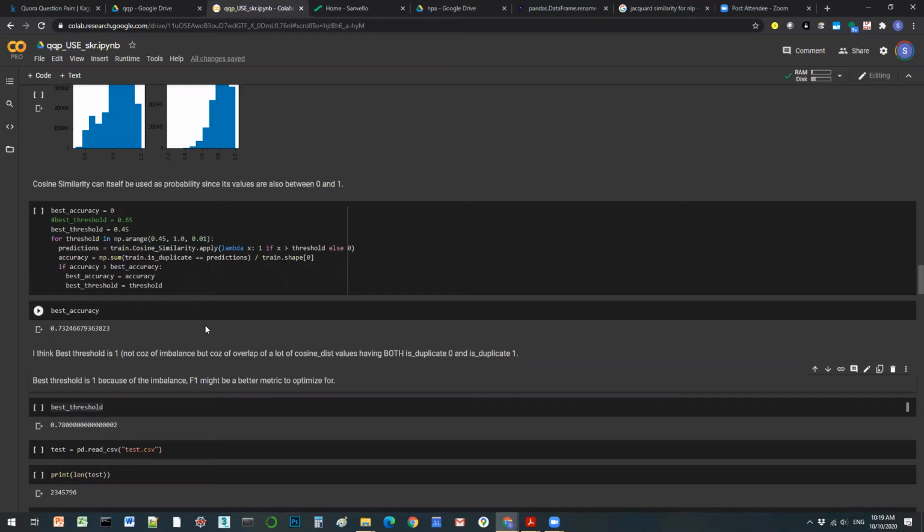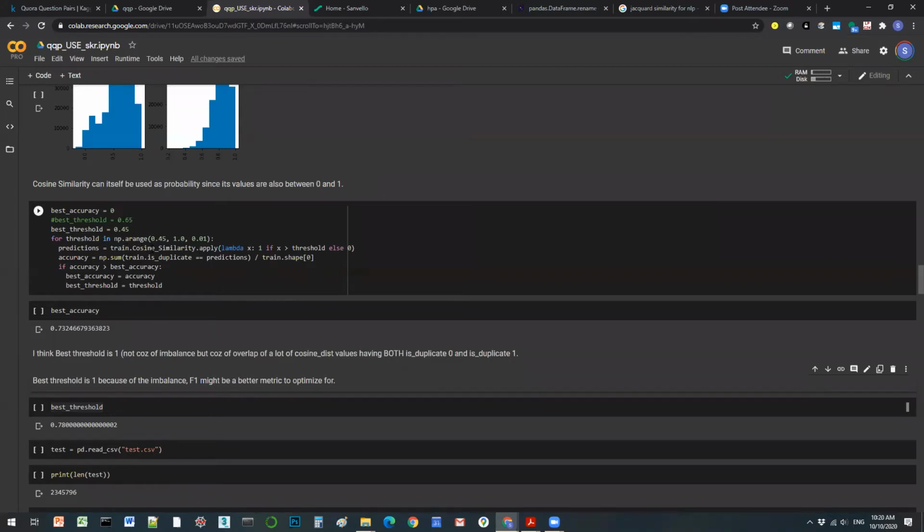Can you talk a little bit about how you're figuring out the threshold? Yeah, he's actually just scanning between 0.05 to 1 in steps of 0.01. I changed it to 0.045. His code starts from 0.65, but you just sweep it from whatever value to 1 in steps of 0.01, and then do the predictions, which is basically train the cosine similarity, and apply the sum to find out how accurate you are with respect to your predictions and what the ground truth is.